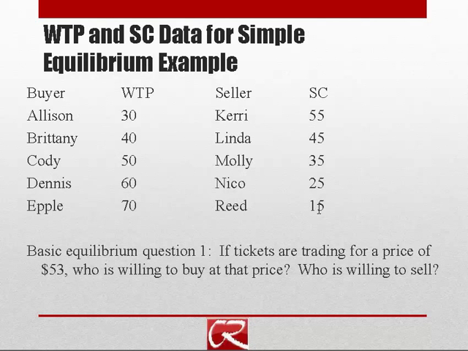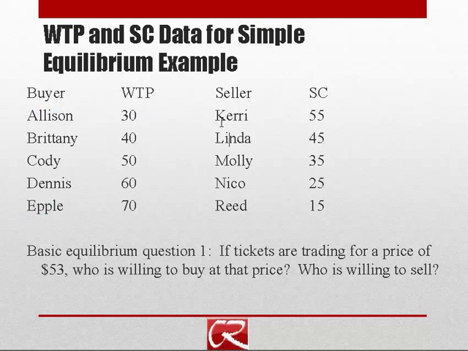We're going to use the same data as we did for our initial example. There's a list of buyers here, and each buyer has an associated maximum willingness to pay. You can see that some people have a relatively low willingness to pay, like Allison, and other potential buyers are potentially willing to pay more.